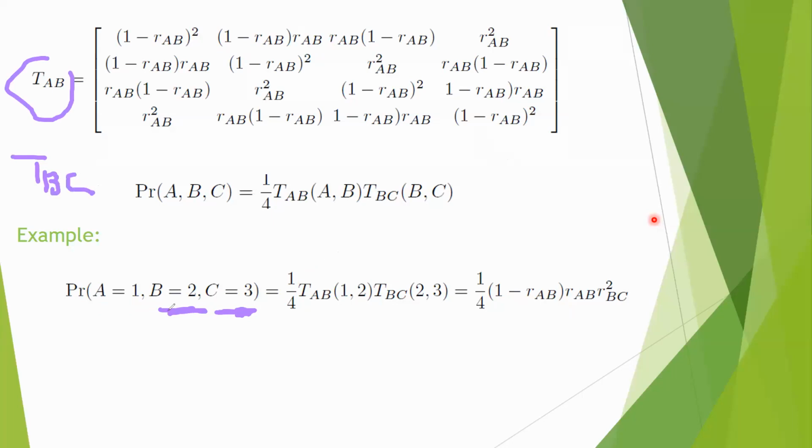Since this is from 2 to 3, we need to look at this one here. And you're going to immediately see why we have a value like this here, but you have to replace this r_AB squared by this r_BC squared. Okay. Any questions?